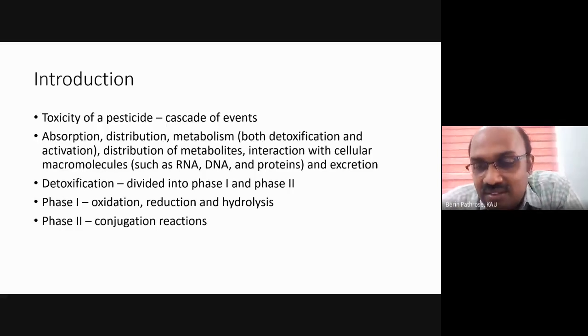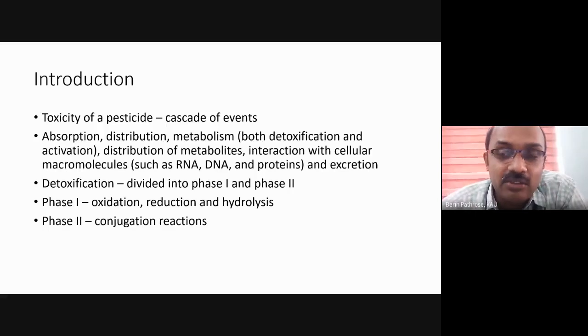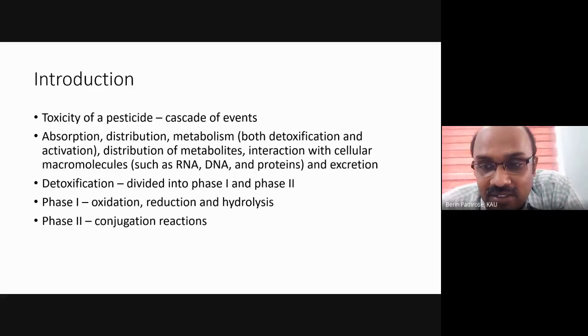Once it is distributed in the insect body, it will interact with the macromolecules in the insect body. It can interact with RNA, DNA, or protein. Interaction with proteins means receptors or enzymes; in the OP insecticide example we took, it can interact with the acetylcholinesterase enzyme, which is a protein.